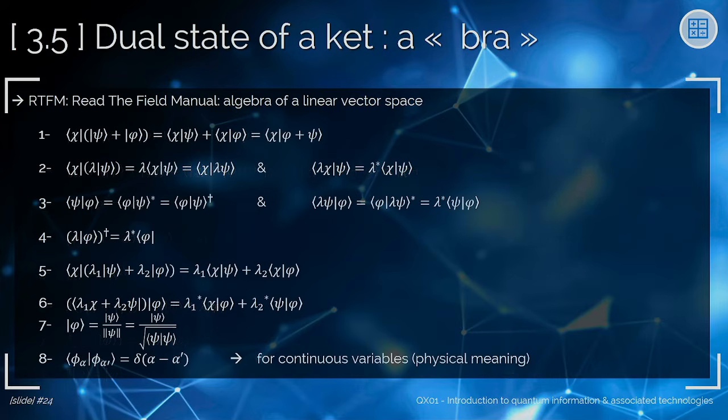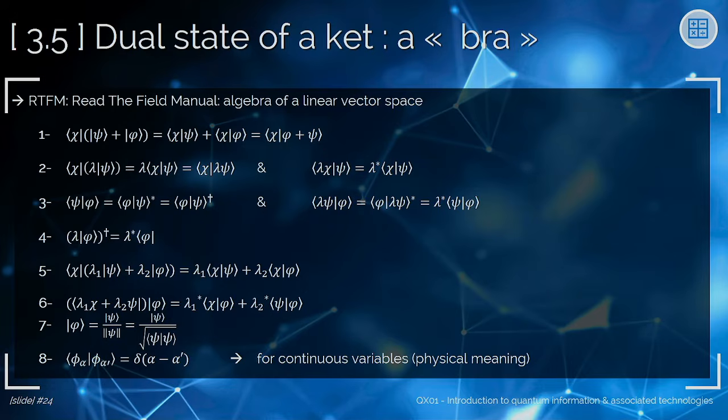I can go further. I can look into the bra part. For instance, I can look into what happens if I multiply a bra and two kets. I have distributivity, so I can just do bra times ket plus bra times ket, which again can be written like this.